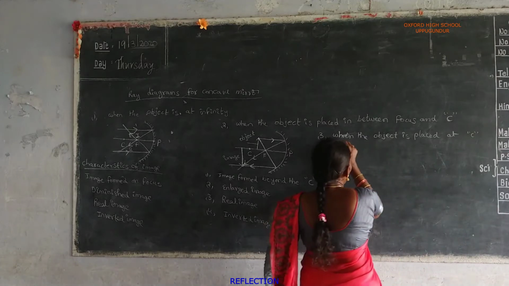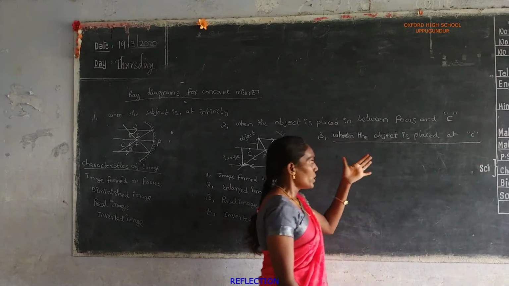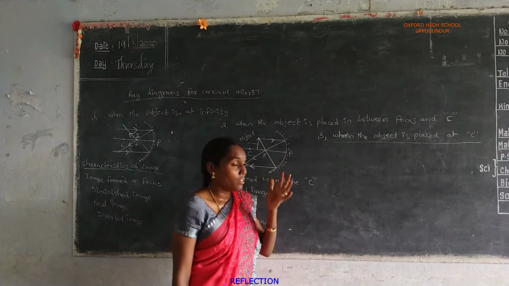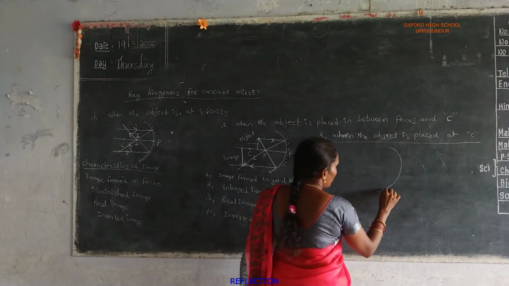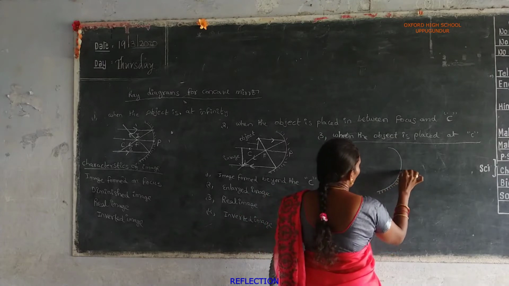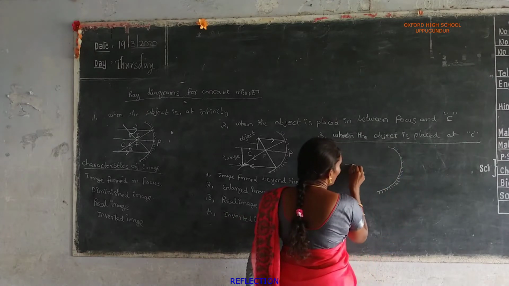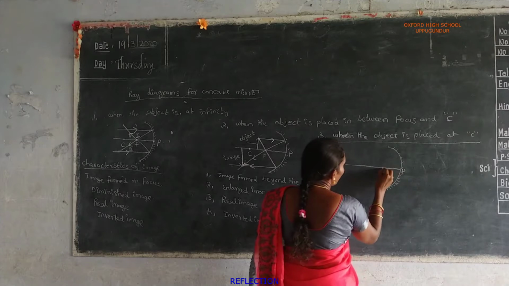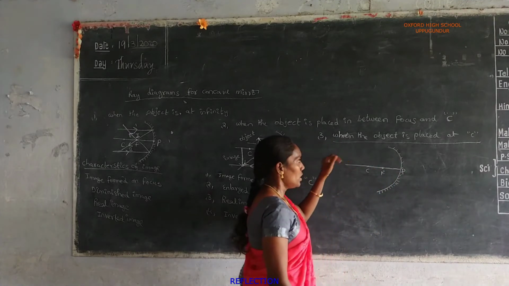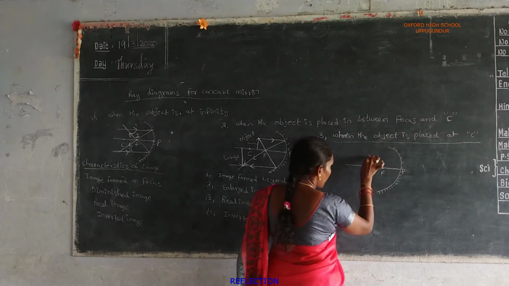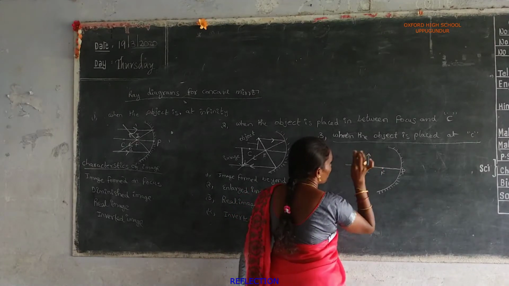This is a concave mirror, with pole and focus and next the center of curvature. Here the object should be placed on the center of curvature.